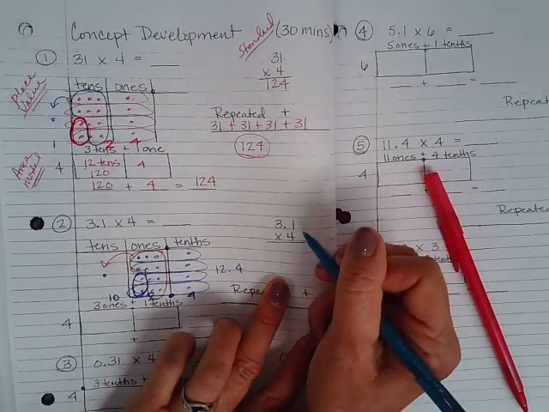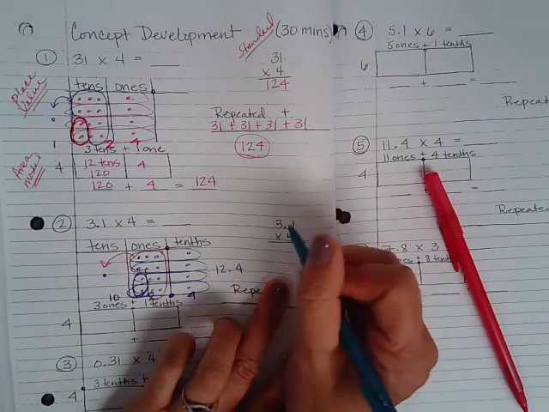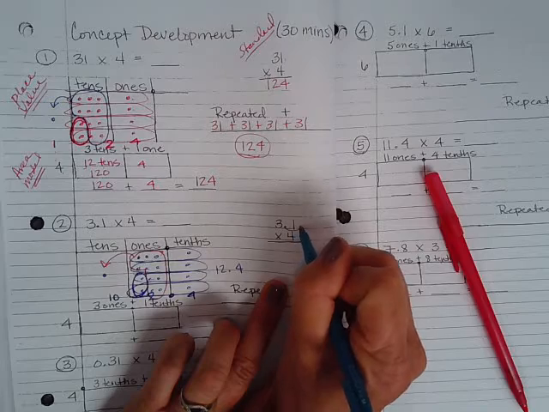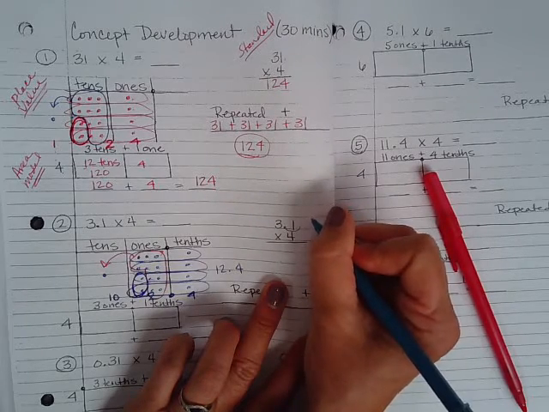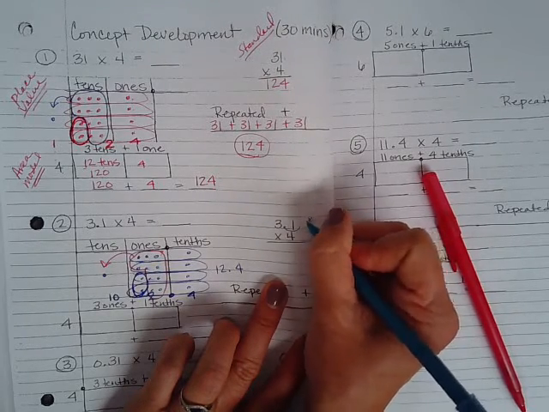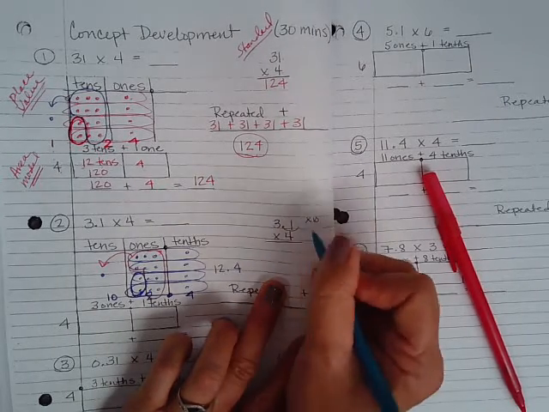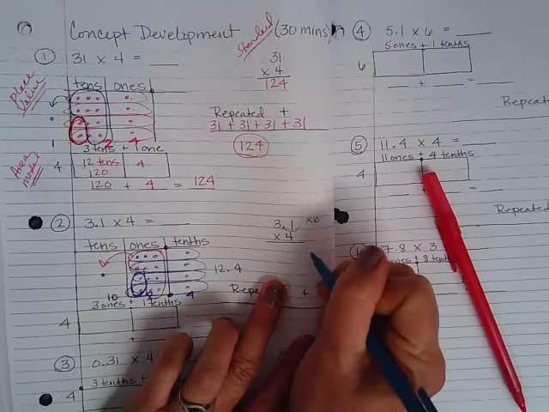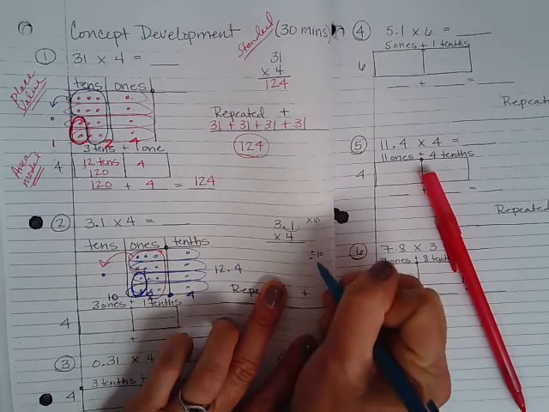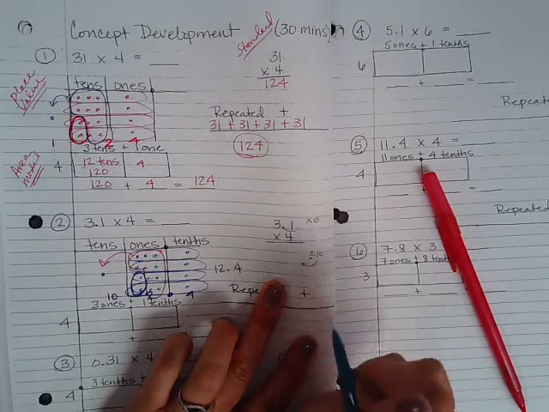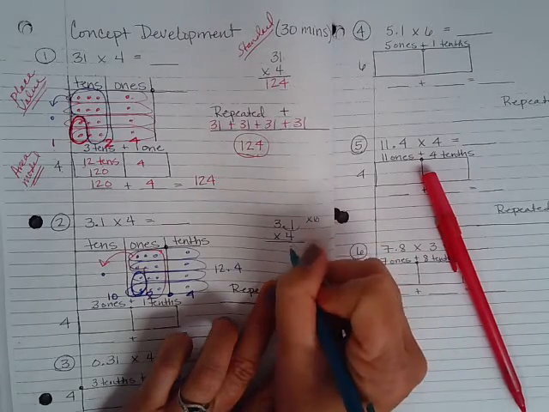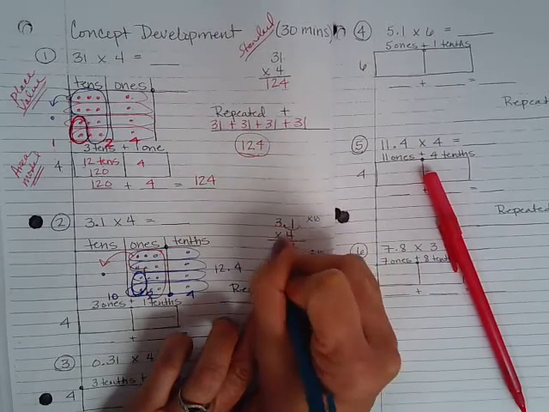Now let's think about what we learned yesterday. If you move the decimal out of the way in order to do the multiplication, you have essentially multiplied by 10 to get rid of the decimal. So when we get our answer, you have to divide back by 10 and put that decimal back in. So 4 times 1 is 4. 4 times 3 is 12.